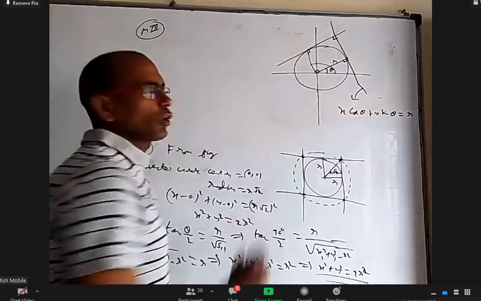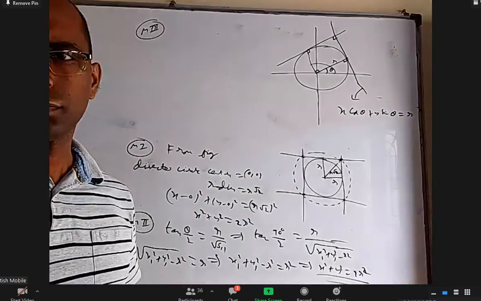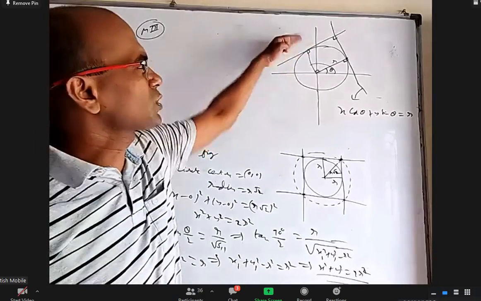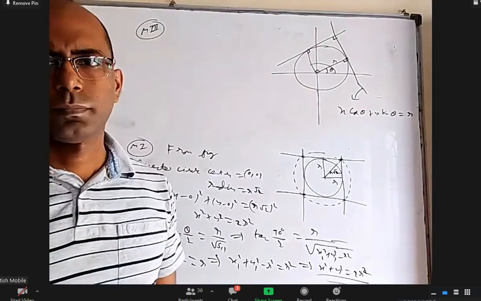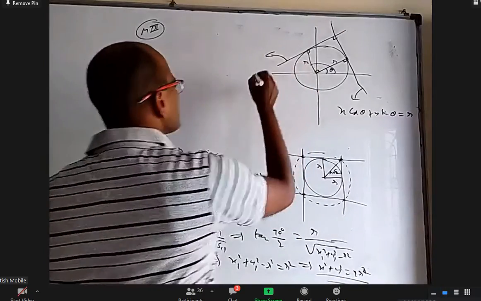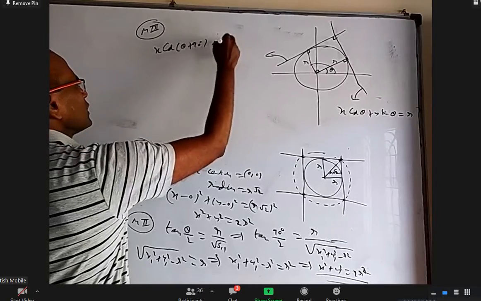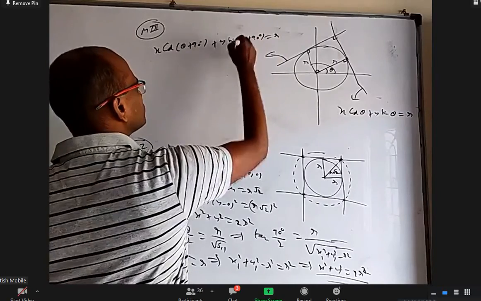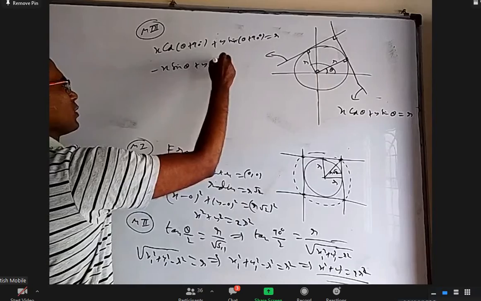What is the inclination of the normal of this tangent? 90 plus theta, same r. So this tangent's equation is x cos(90°+theta) + y sin(90°+theta) = r, that is, −x sin theta + y cos theta = r.